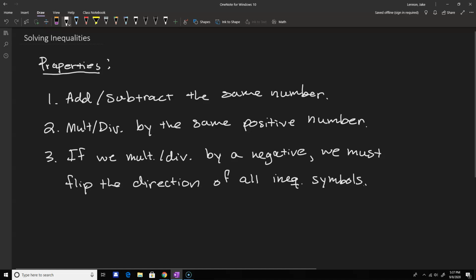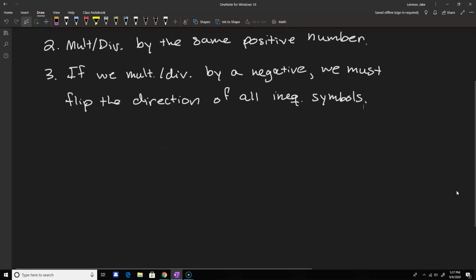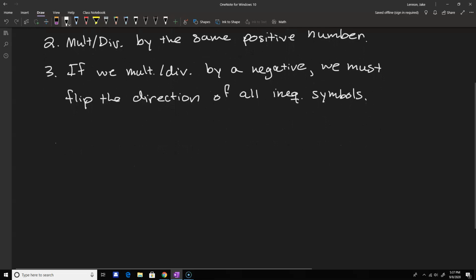So you might ask, well, why is that the case? Let's think about a very concrete example. This is just to highlight why property 3 is true.